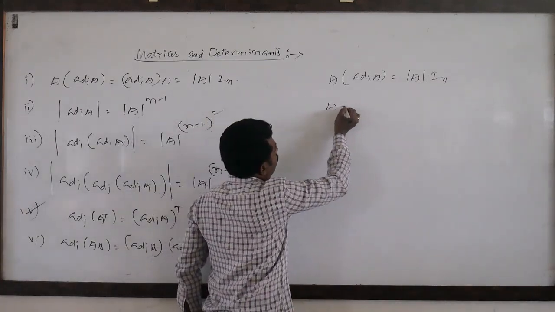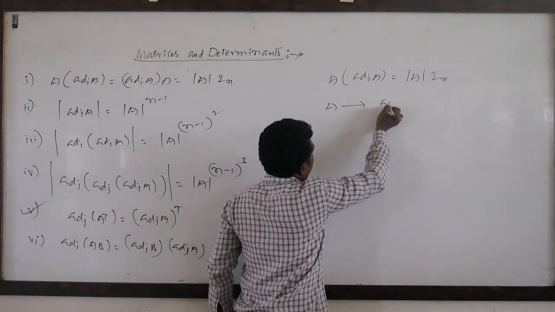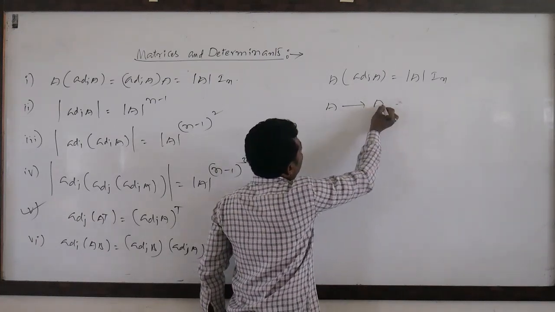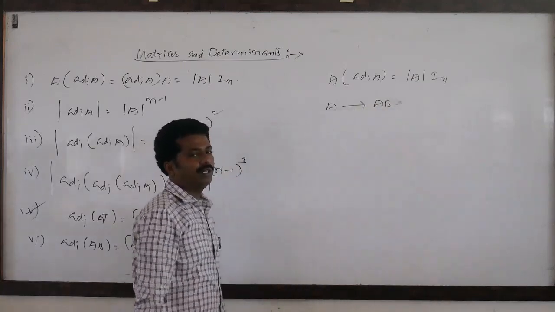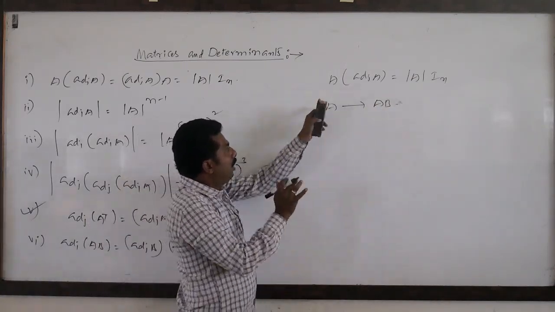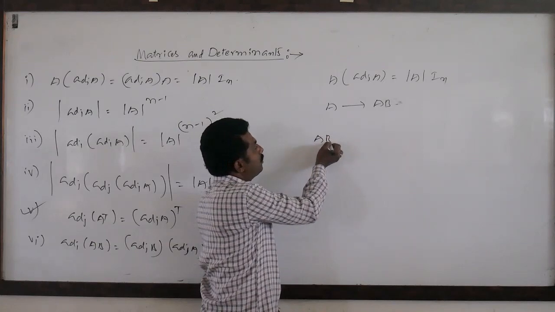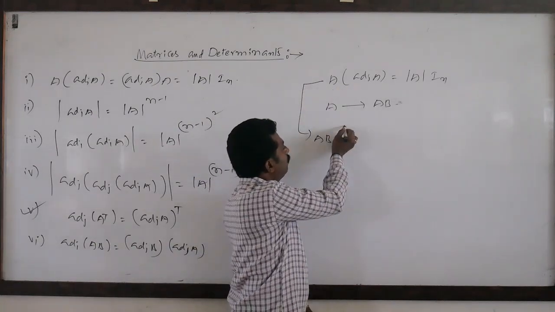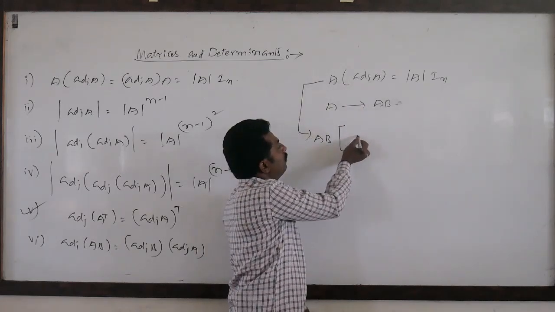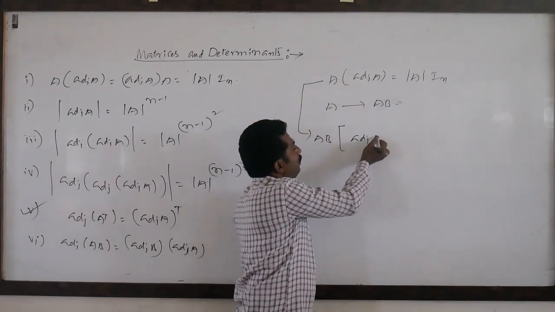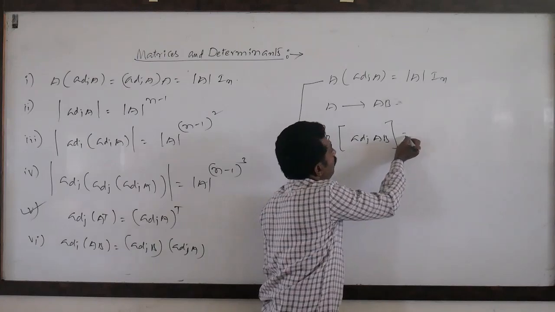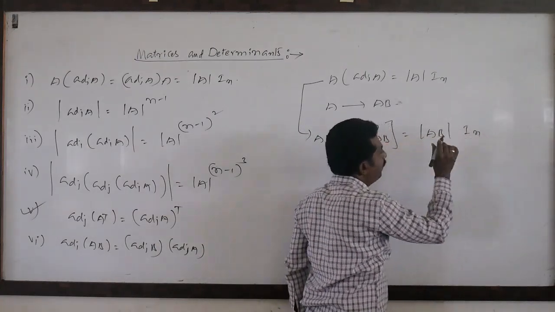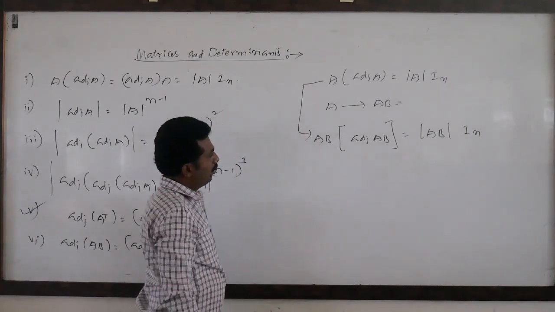Wherever A is there, in that place we replace AB. So how to write? AB into adjoint of AB equal to determinant of AB into identity matrix.